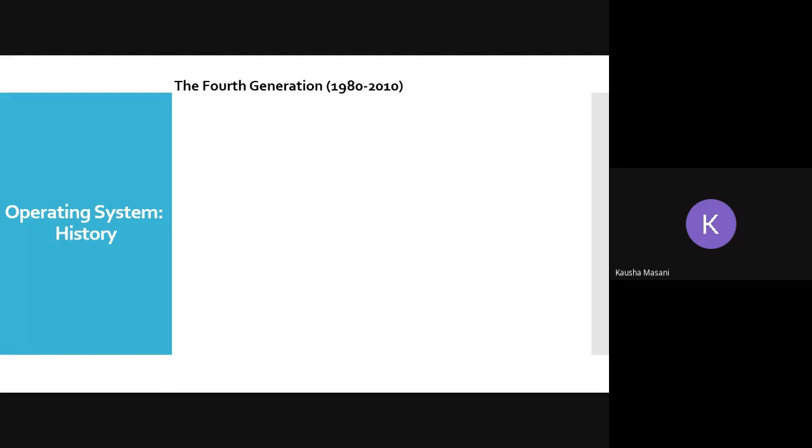And Priyank, the OS is also evolving in this, okay? Microprocessors were now getting used. Now, can anyone tell me what you understand by microprocessors here? I don't seek a technical definition.